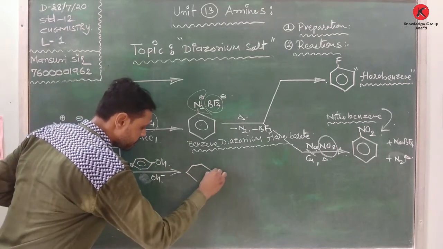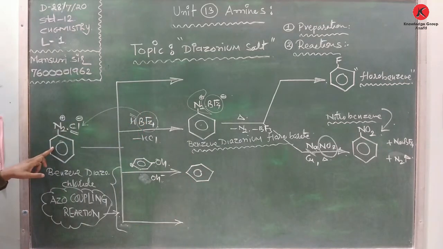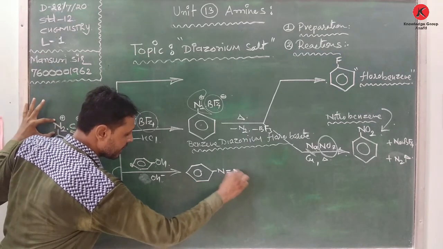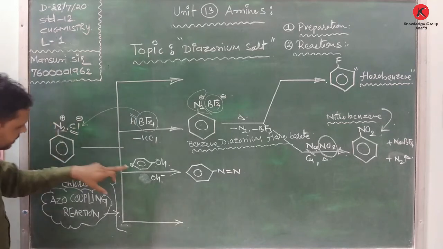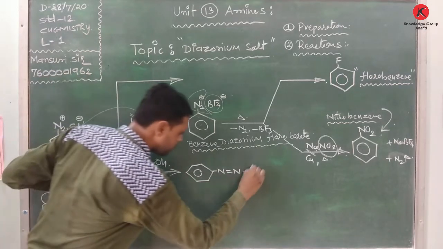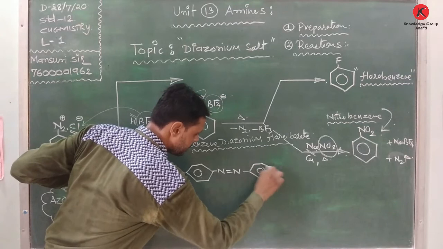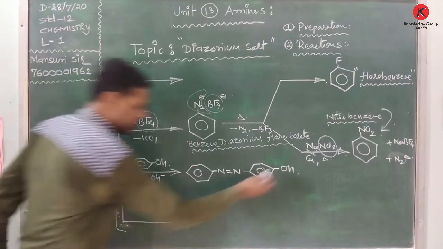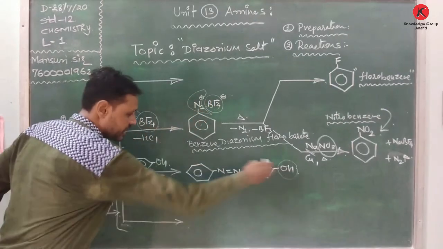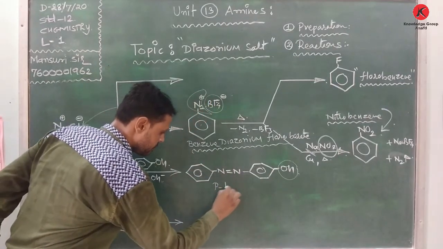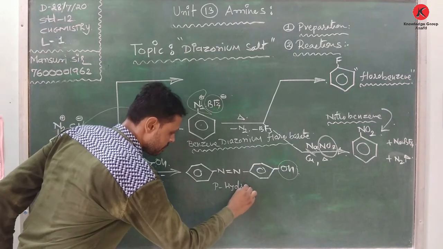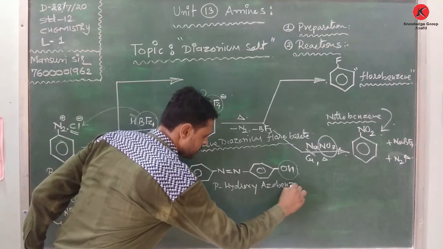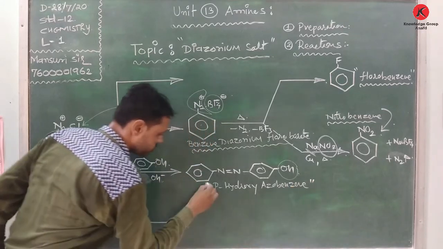That is why this is my benzene ring, N2 will be written like this, and here this ring and OH. This is my para-hydroxyazobenzene. Para-hydroxy and this is azobenzene.